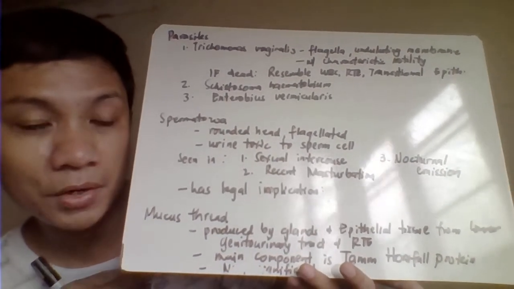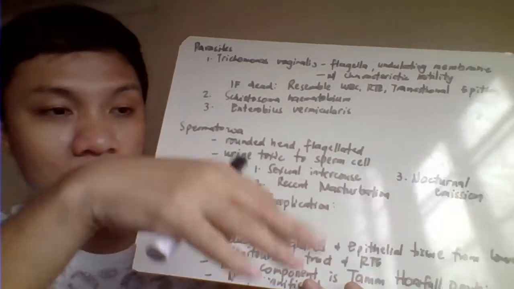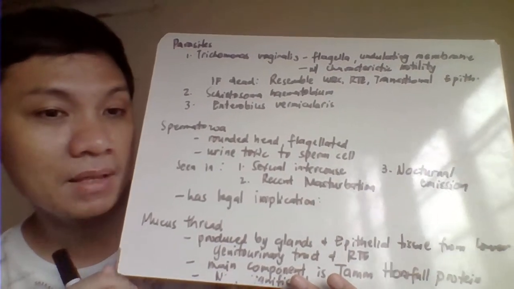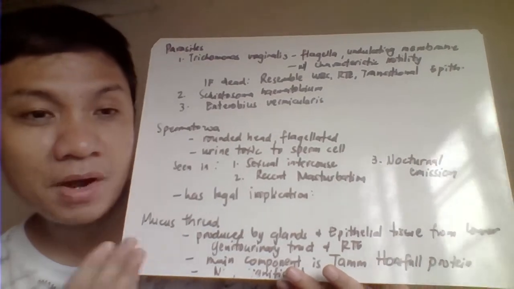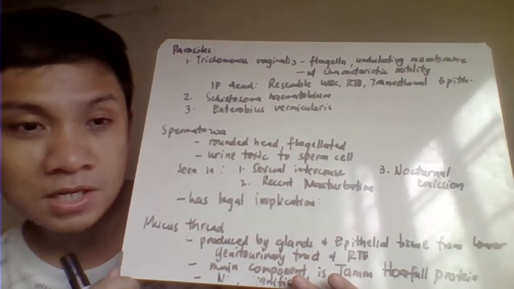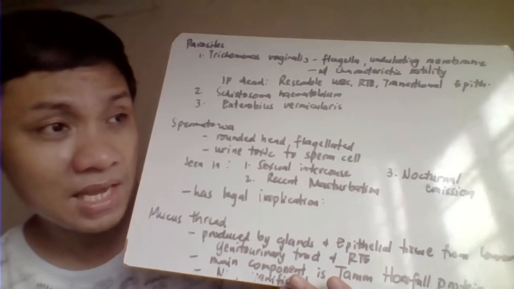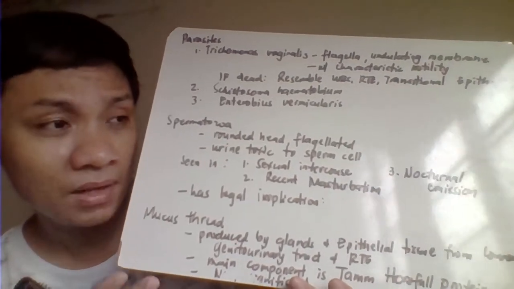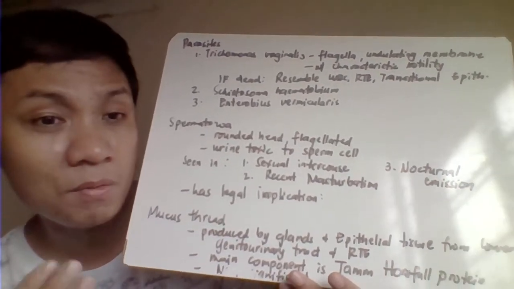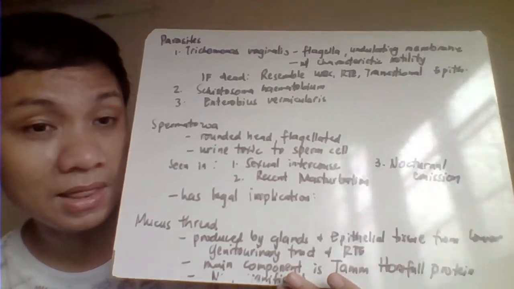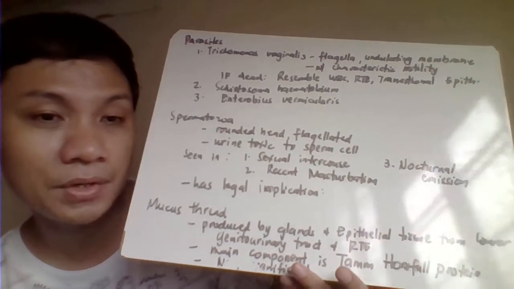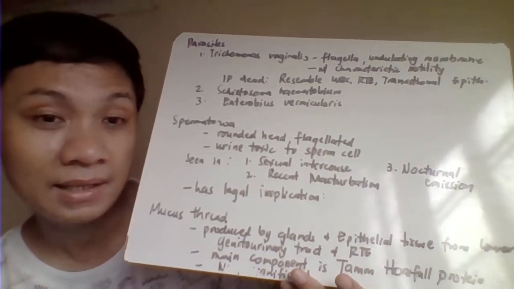So sometimes I report it because, for example, if the strip is positive for protein and you don't report the cellular sediment, then when you release the result, positive for protein but with no findings and no sperm cells reported, the physician's interpretation might be, why does the patient have protein? They might assume the patient has a kidney problem, a problem with the glomerulus that allows protein to come out, which normally should not happen. Therefore, I report the protein test result plus, of course, the sperm cells so the two correlate.